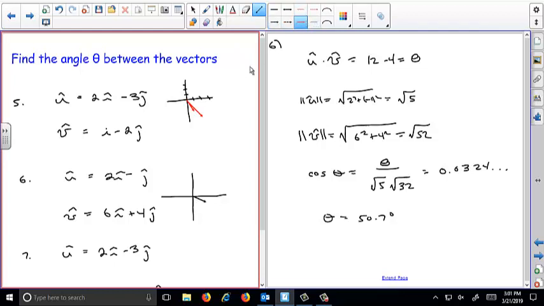And the next vector is 6, so that's about, if this is 2, then 2, 4, 6, and then we go 2, 4, 6, something like that. And that's the angle right there. It looks about 50. It's not unreasonable.